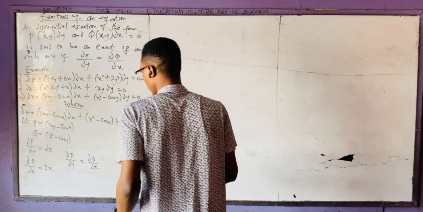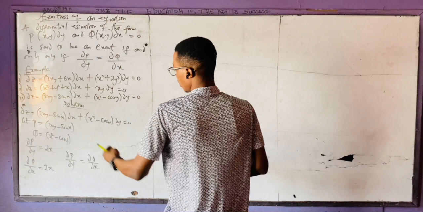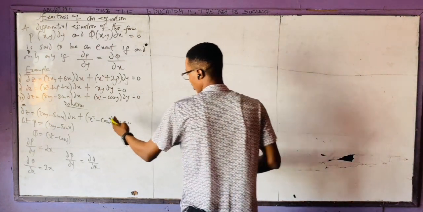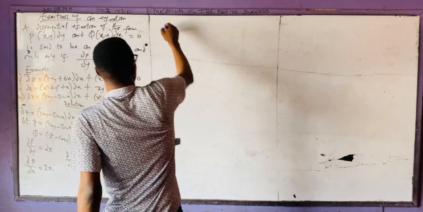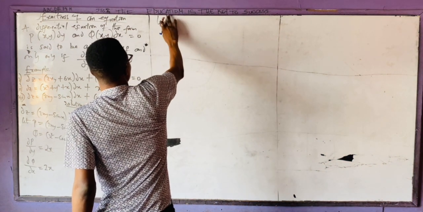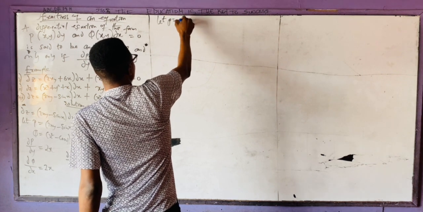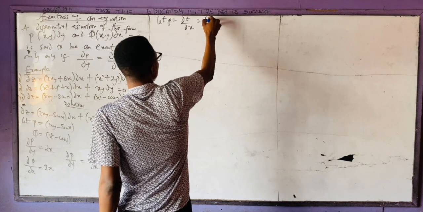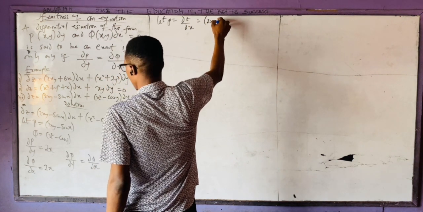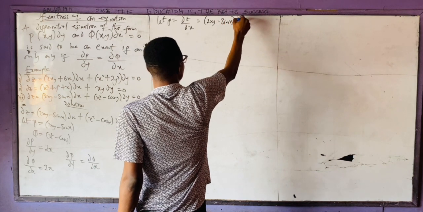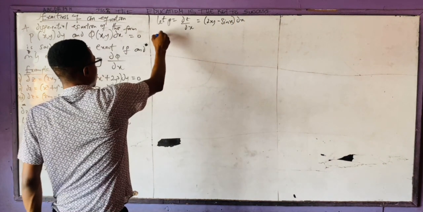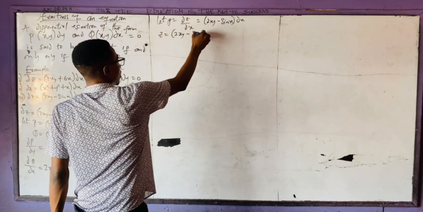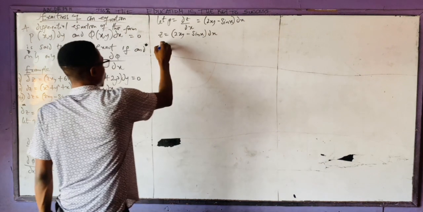Now what we need to do is to integrate the first part with respect to x, and the second part with respect to y. So let p equal dz over dx, which equals 2xy minus sine x dx. Now z equals the integral of 2xy minus sine x dx.